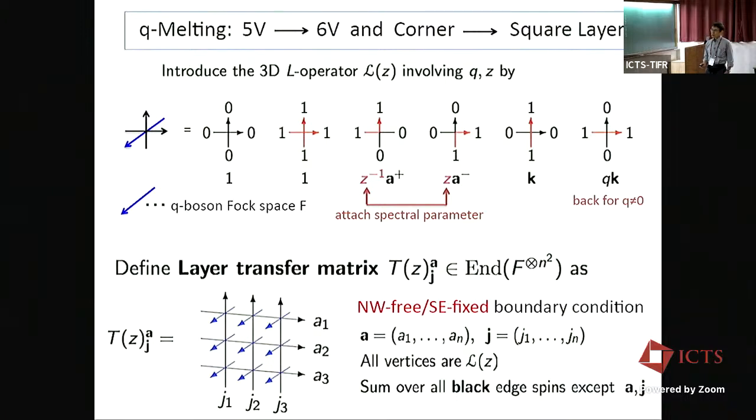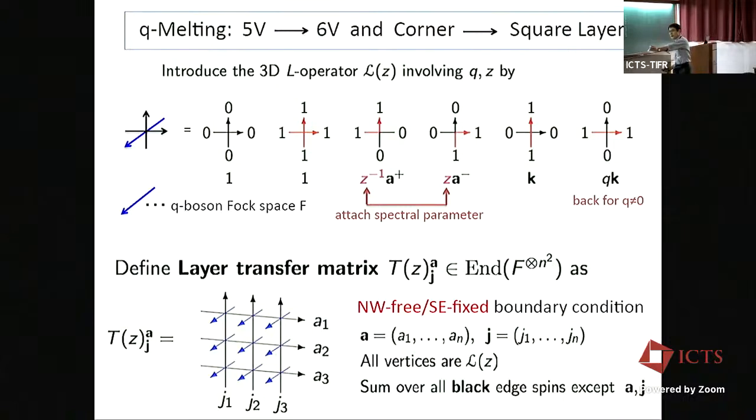So this is a square lattice. I mean, these black arrows form a square lattice. And I specify the boundary condition at the right and bottom. So that's the south and east are fixed. But otherwise, it's free. So the northwest free and southeast fixed boundary condition layer transfer matrix.